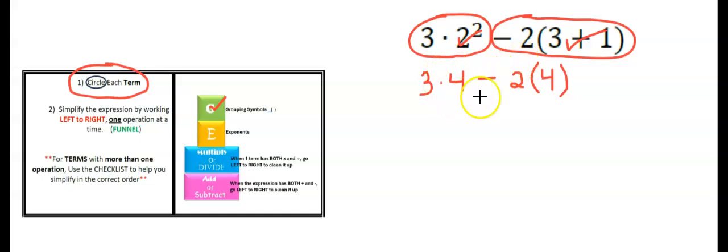All right, now we're ready to do the next operation. We're just going to work left to right to clean things up. 3 times 4 is 12, minus 2 times 4 is 8. So we just did our multiplication for both, and now we have to add or subtract left to right. 12 take away 8 is 4.